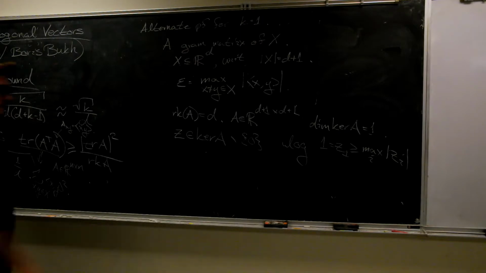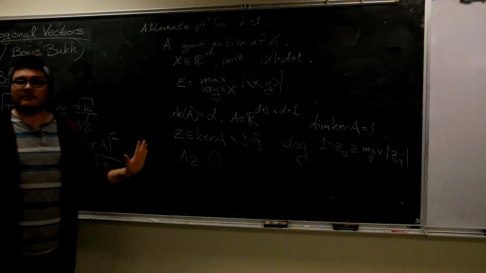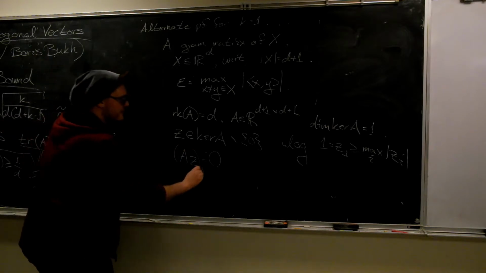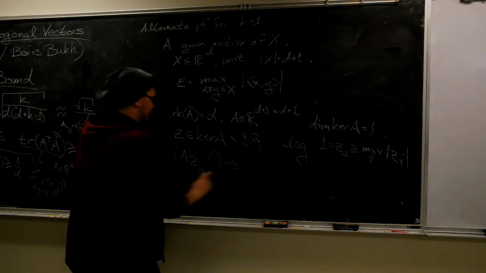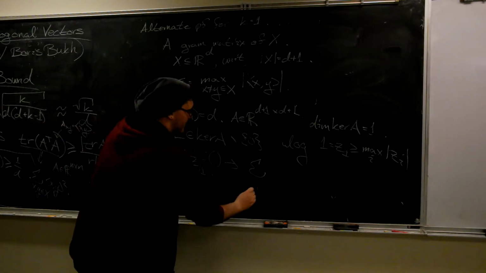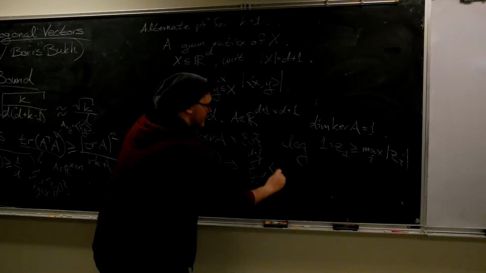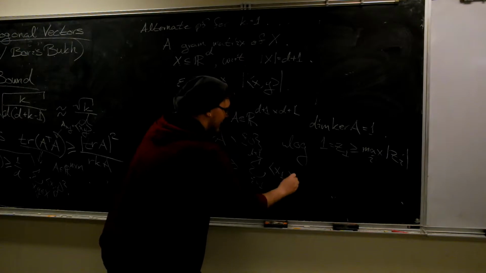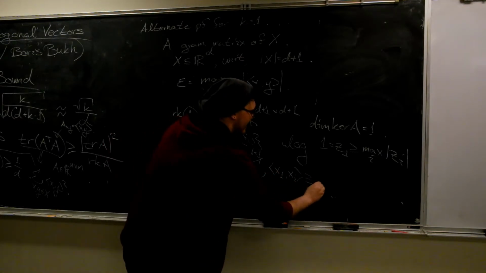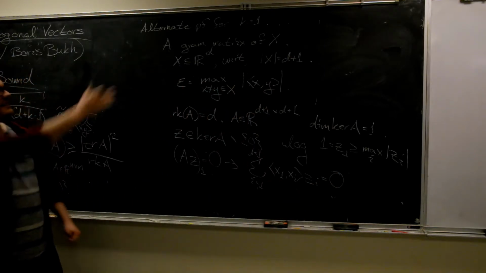Well, what could I do? I could look at the equation AZ equals 0, and let's just look at the first component of this. If I write it out, this says that the sum, i equals 1 up to d plus 1, the entries of A are the inner product of xi with xj. So because we're looking at the first one, we get this times zi, and I know that's 0. Is it easier if I go over there?